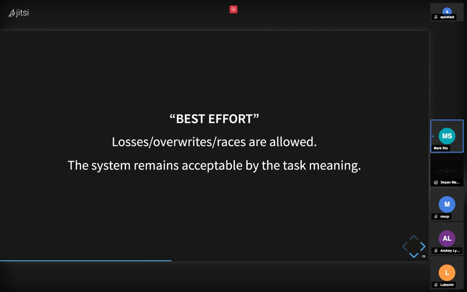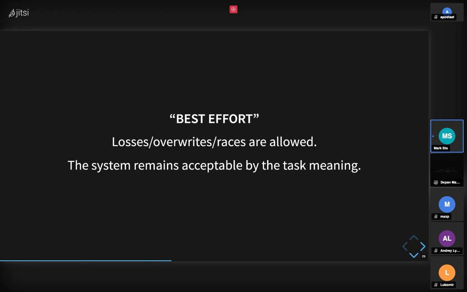We'll briefly touch on best effort, which literally means whatever happens should happen. For concurrent writes, losses, overrides, and races are okay, and that is perfectly acceptable. In other words, the system does not promise perfect behavior under concurrency and failures, yet it still remains acceptable by the meaning of the task at hand.